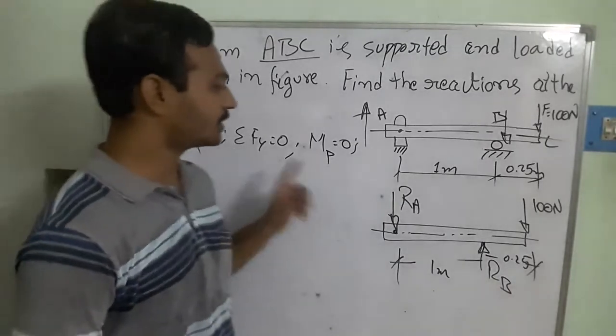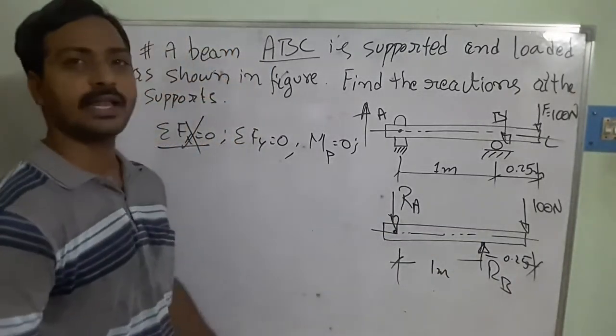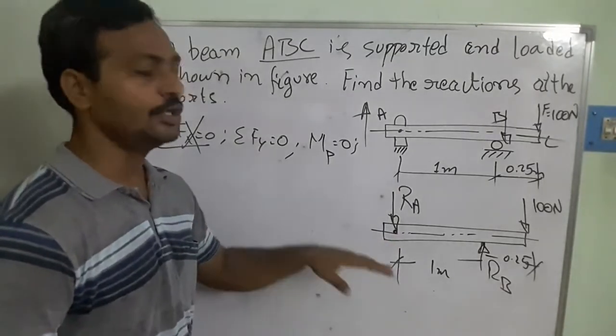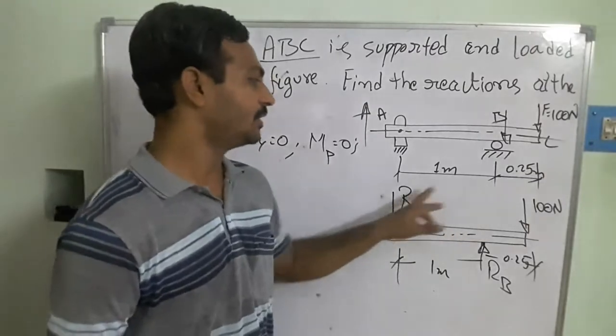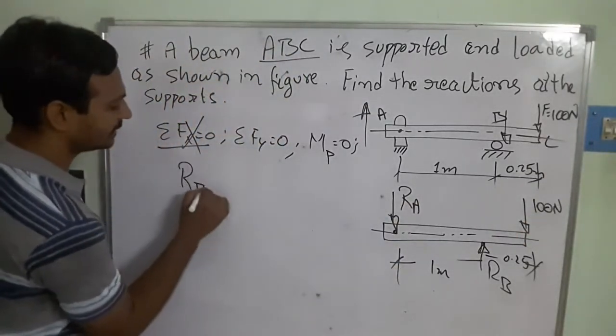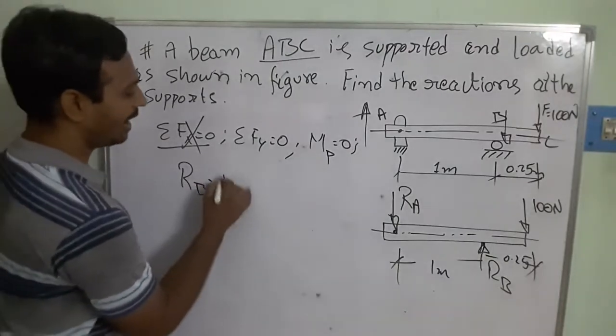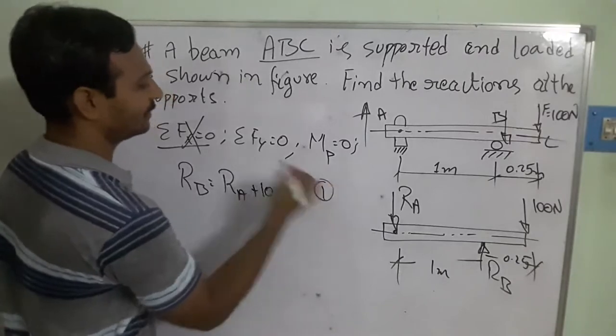Then forces in the vertical direction equal to 0. Here we understand the sign conventions: RB acts vertically, and these two forces act in the downward direction. So RB is equal to RA plus 1000 newtons. This is equation 1.